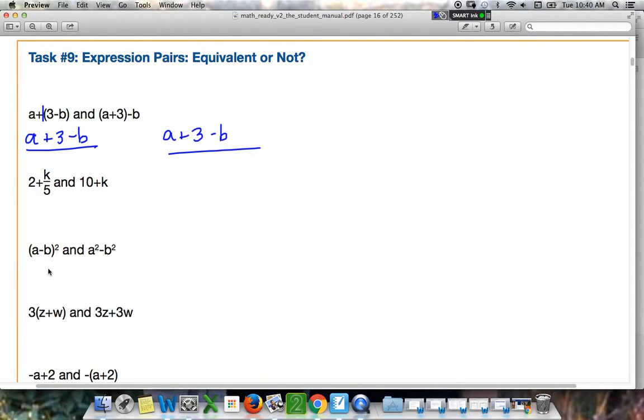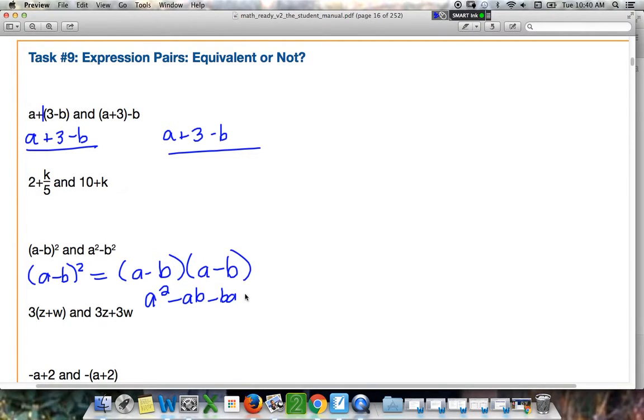Here, this is a big one that most people miss. If you have this, a minus b squared is a minus b times a minus b, because there's 2 of them. So when you do 2 of them like that, and it's 2 binomials, you would distribute the a to get a squared. A times negative b is negative ab. Negative b times a is negative ba.